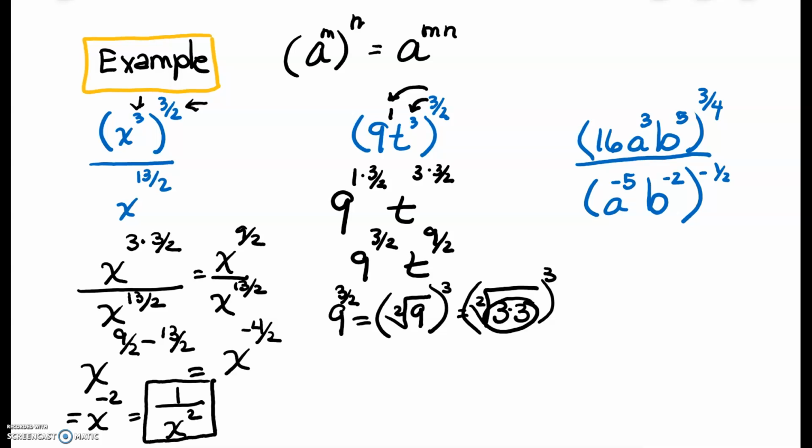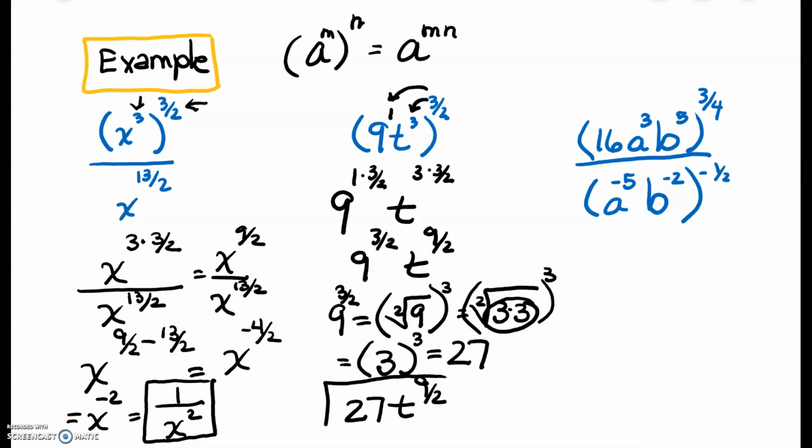So I'm going to circle those. So that is going to be 3 cubed, which is 27. So I'm going to replace 9 to the 3/2 with 27t to the 9/2. And that is my final answer.